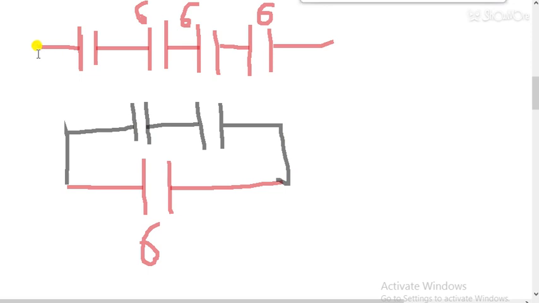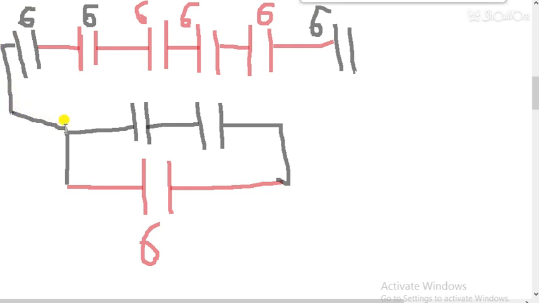Now I have to get one value, so I will connect 6 capacitors here. This is 6, so 6 capacitors here and 6 capacitors here. That means this combination of 6 capacitors will give me 1 farad, and this is a parallel combination.